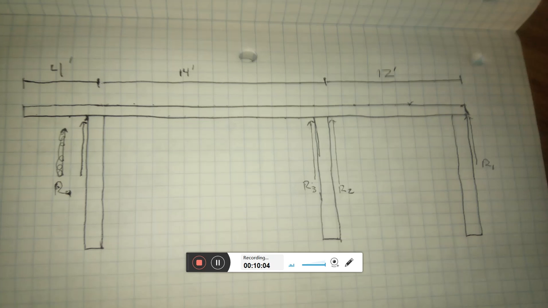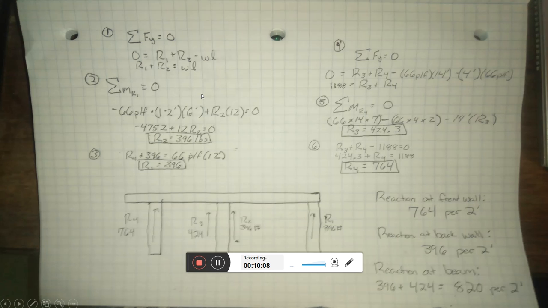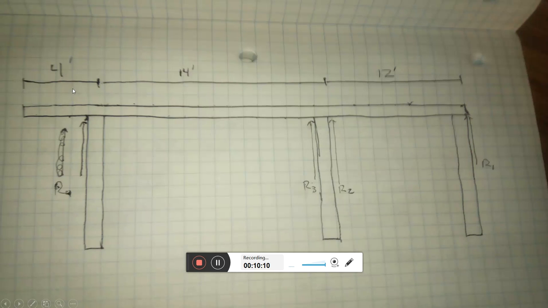This is the diagram for the problem of the rafters, essentially, to see what kind of load they transfer to the walls. So each wall has a reactionary force going back up because the rafters have a load that goes down and the walls have to support it.